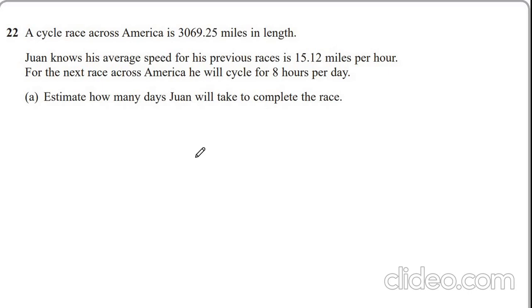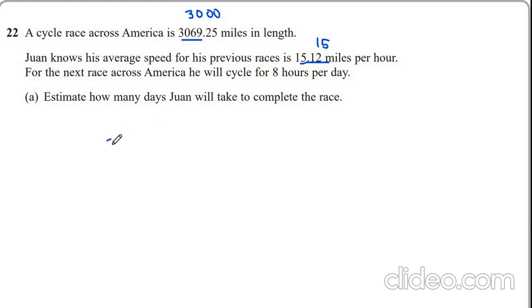So we need to estimate how many days Juan will take to complete the race. Well, this is the distance that could be rounded to 3,000, and the speed, we can round it to 15.